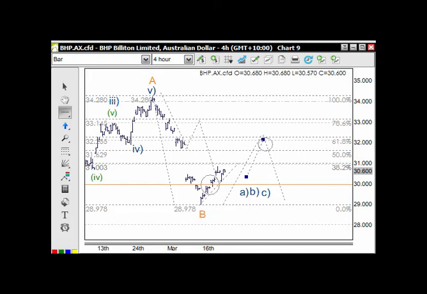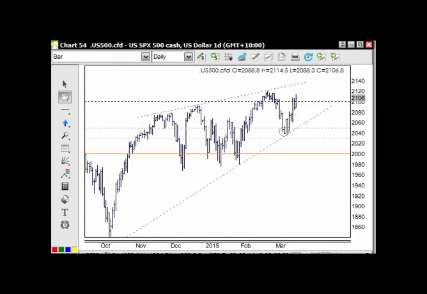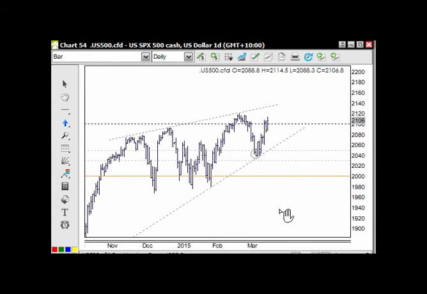Alrighty, the US markets, starting with the S&P 500, they're not as healthy looking as it said, and we'll look at that in a moment. But what we have been looking for is, well, we expected a bounce off here. How far that would go was just a guessing game.